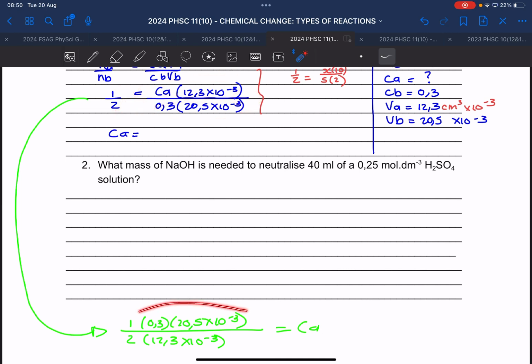And that is what you type into your calculator. Obviously, you can leave out this one. Some of you did it a bit longer. That's fine. And then you get 0.25.